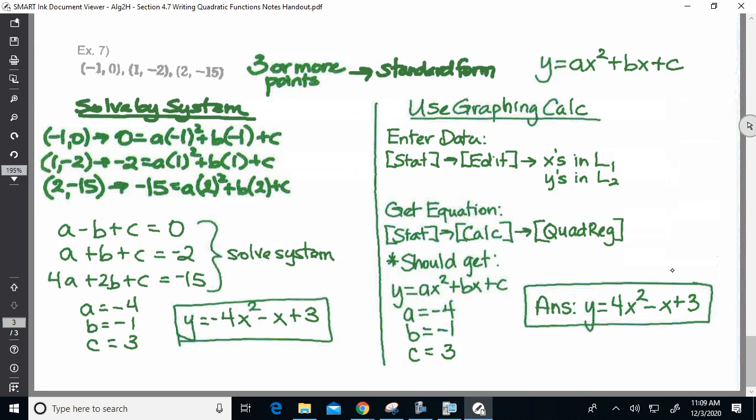And example 7 is another example using 3 points, both by solving the system and using the graphing calculator. These are ones that were already worked out. You can try them yourself, make sure that you're on the right track, so on and so forth. But those are additional examples in case you need to see another example.